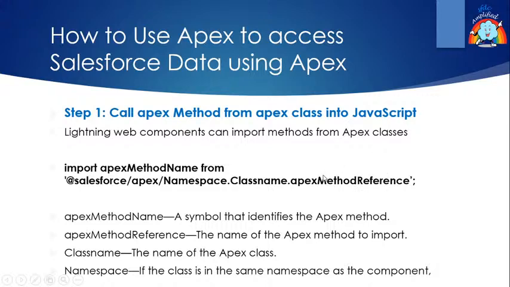Whatever is the name of the Apex method, you have to put there: the class name, then the method name, and then you are importing it. Once we do it in practice, you will get that idea. But that is step one, to import the Apex method.